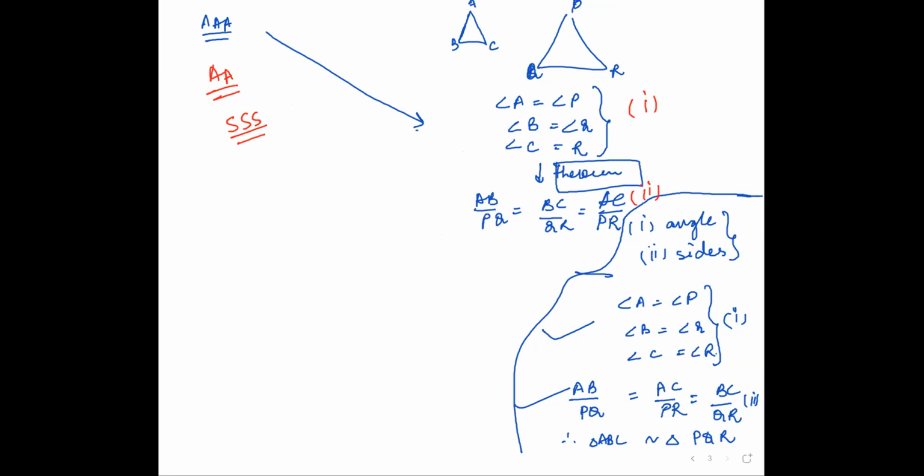Now come to theorem 6.5, the last one. Please see in your book, Martin, 6.5. If one angle of a triangle is equal to one angle of the other triangle, and the sides including these angles are proportional.